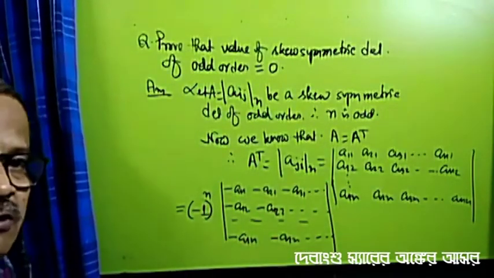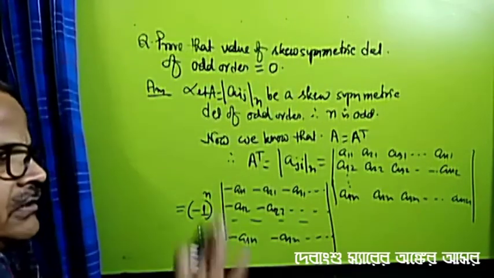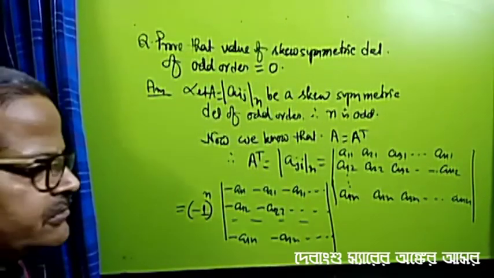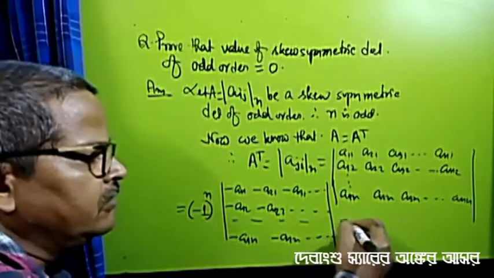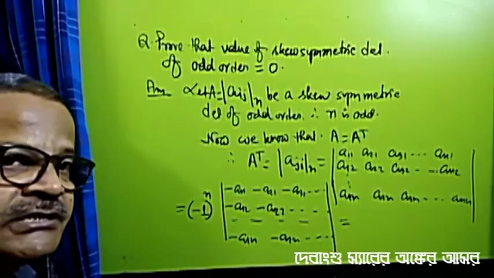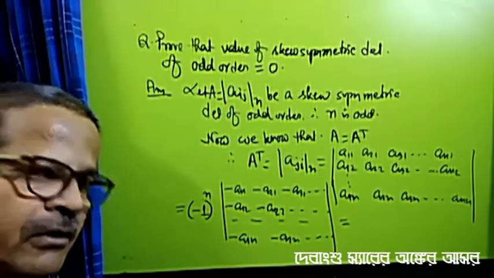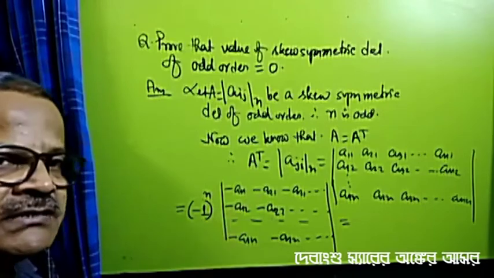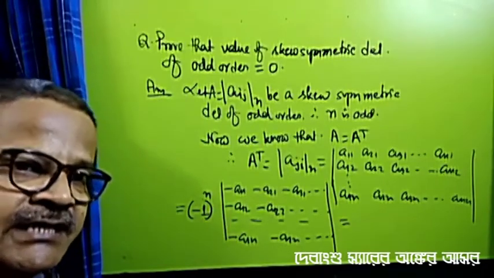Taking -1 common from each row, the determinant is reduced to this. Now, since this determinant is a skew symmetric determinant of odd order, -Aij is Aji.